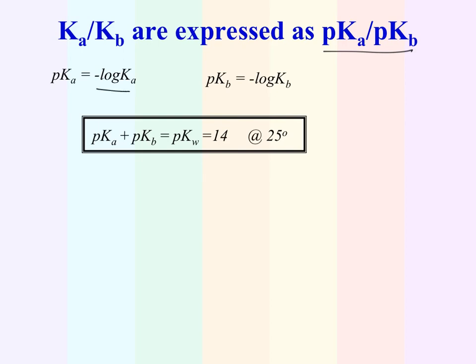We just take the negative log of our Ka or the negative log of our Kb, respectively. What's neat is that they are related similarly to how pH and pOH are related. So pKa plus pKb is going to equal 14 at 25 degrees C. This relationship can lead to you being able to solve for either your Ka or your Kb through an additional set of manipulations.